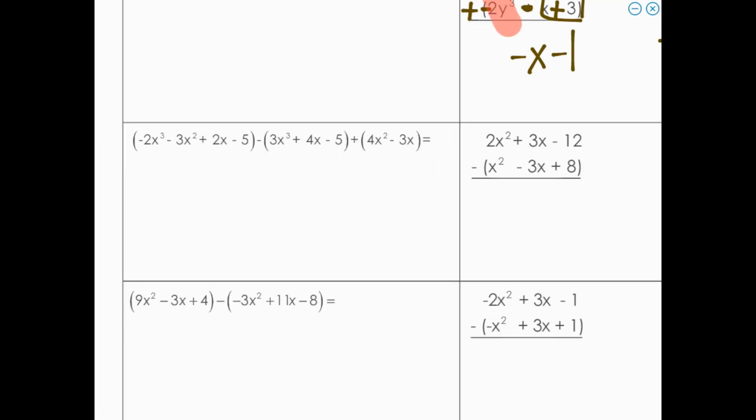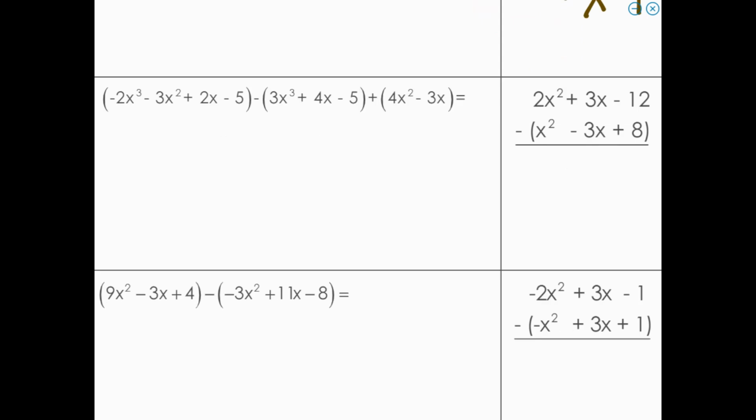So let's talk about a problem that looks like this. Again, here's my minus sign. Distribute that, so we've got negative 3x cubed, okay, because I'm distributing it, negative 4x, and a positive 5. Now I can combine all my like terms.